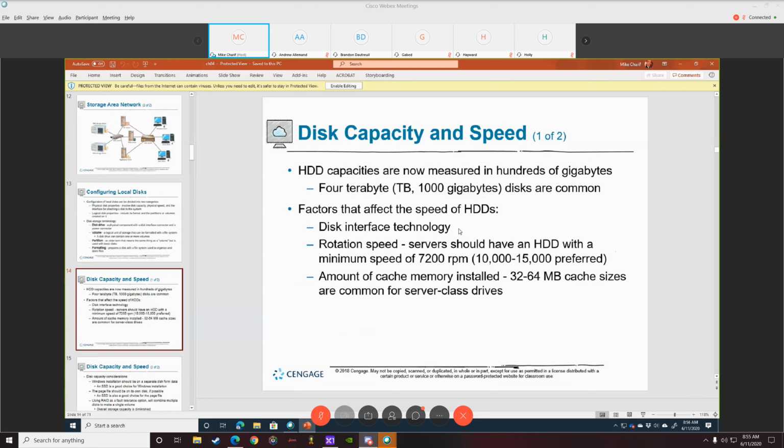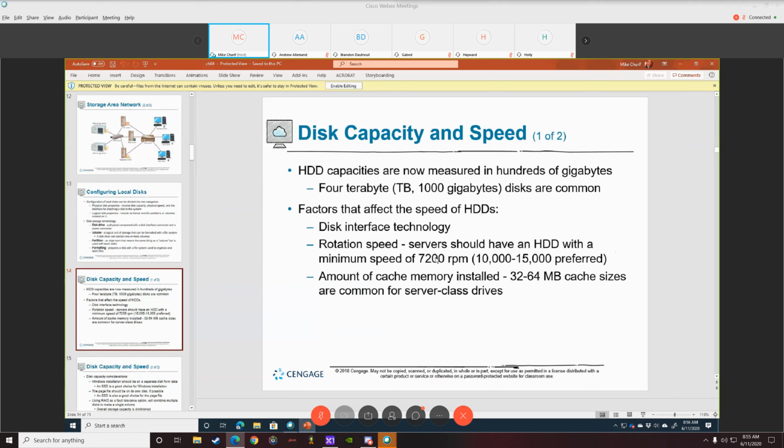Is it connected by PATA, which is parallel ATA, known as IDE, or is it connected by SCSI or SATA? So it depends. And also the rotation speed. A server should have an HDD with a minimum speed of 7200 RPM, revolutions per minute.